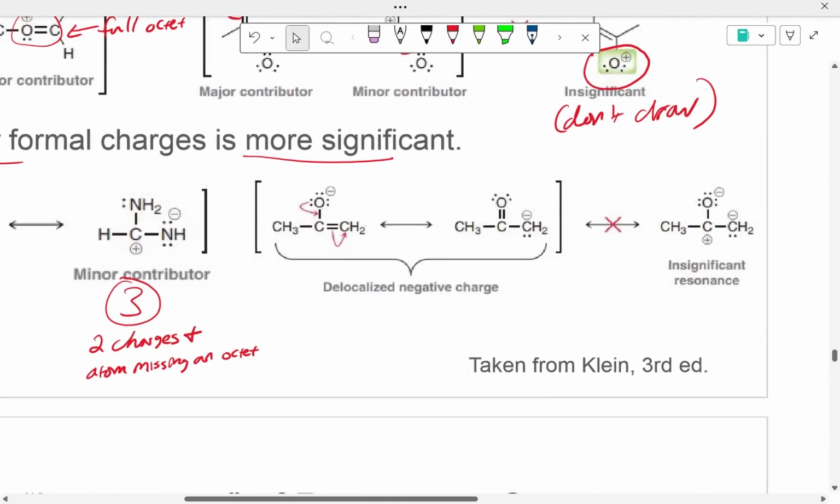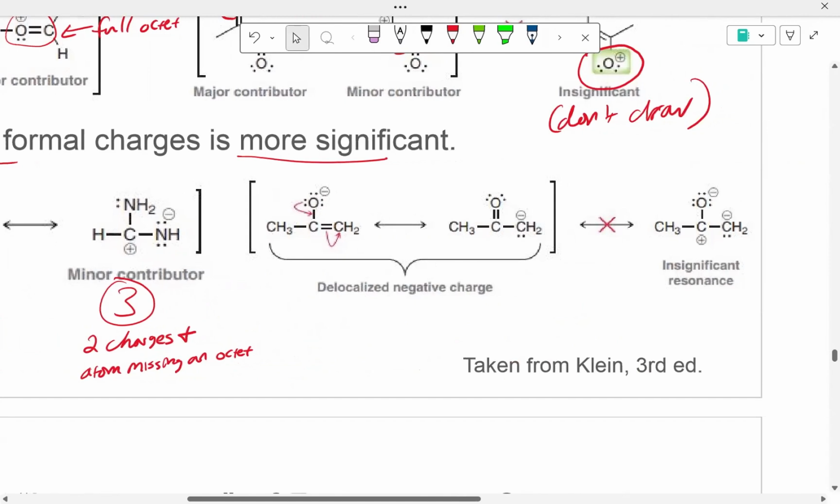Now, if we look at the second example here, we just draw our arrows. I'm going to take a lone pair, move it to form a pi bond, and I'm going to move these here. Now, both of these have the same characteristics.